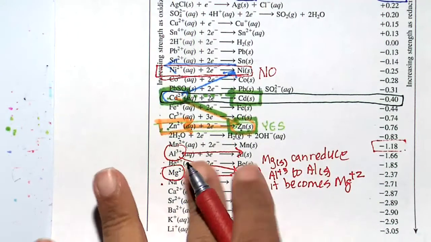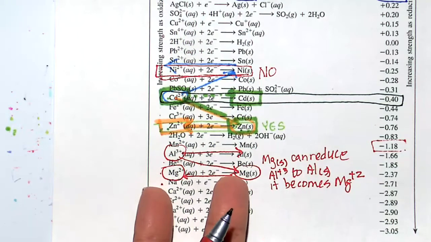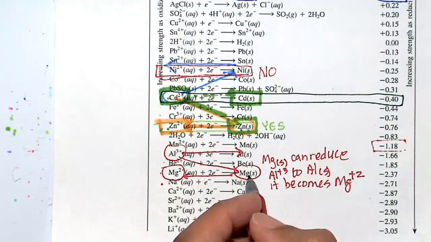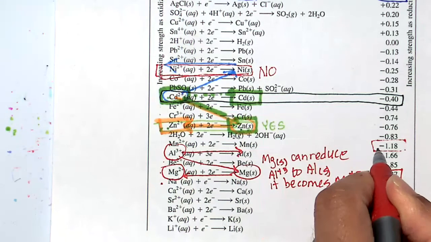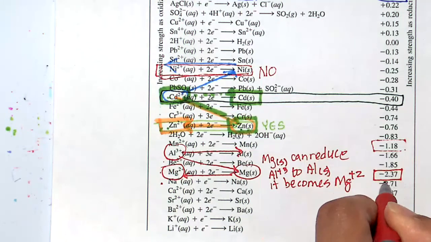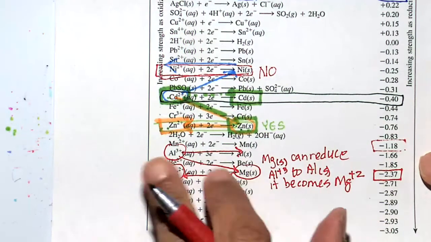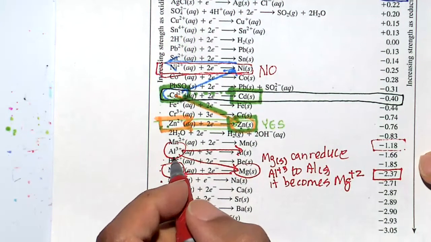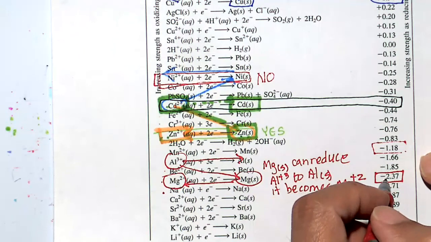So if it flips magnesium solid to magnesium plus 2, we flip this. What do we do with the sign? Flip it. So what's minus 1.18 plus 2.37? Remember, I flipped this. Why did I flip this? Because you're reversing the reaction. Correct. So minus 1.18 plus 2.37, is that positive or negative? It's positive.